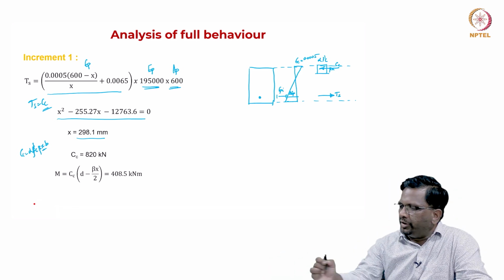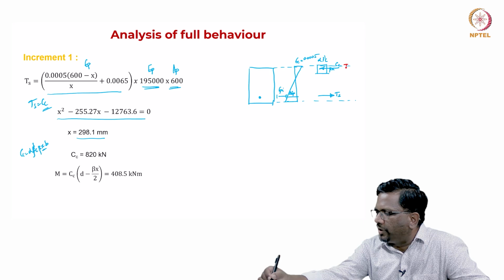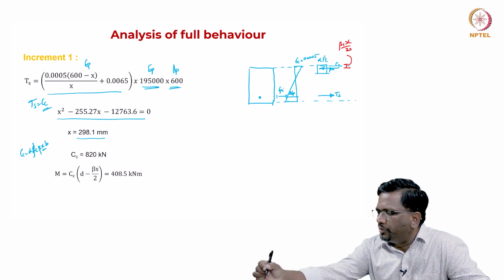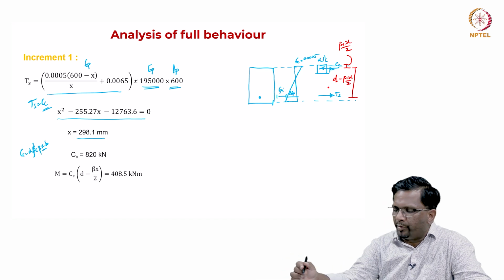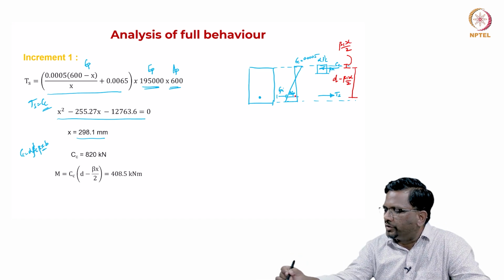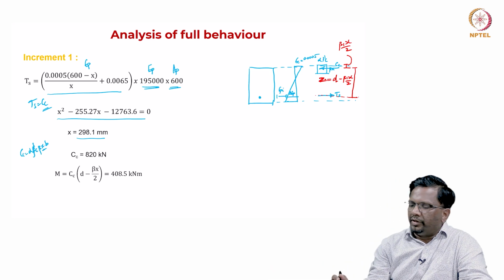and this is going to be at a distance, we know, of beta 1 x by 2. So, this lever arm is going to be d minus beta 1 into x by 2. So, if I take moment about this location, it is going to be Cc into lever arm, which is, let us say, Z, we call it distance.